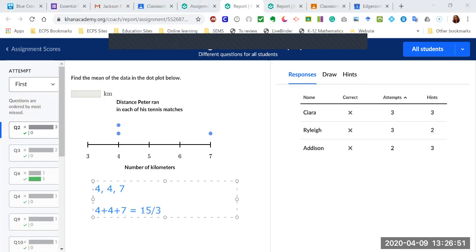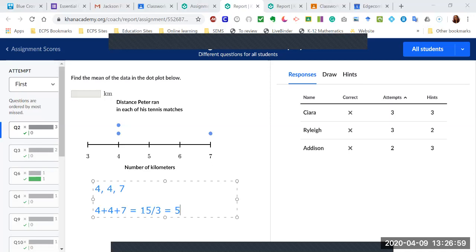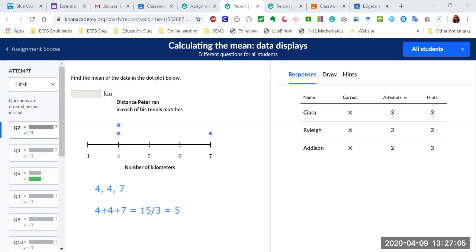And if I divide that by 3, that gives me 5 as my answer. So the mean of the data in the dot plot is just 5 kilometers. So you would put a 5 there.